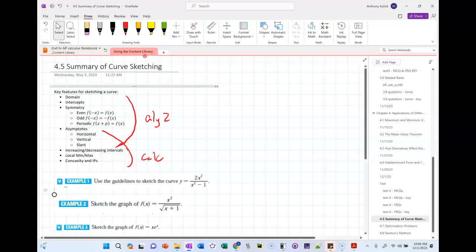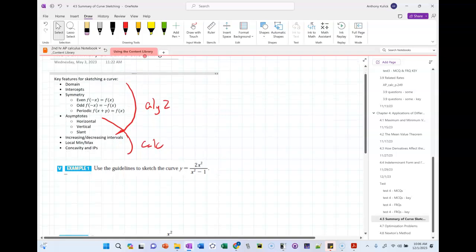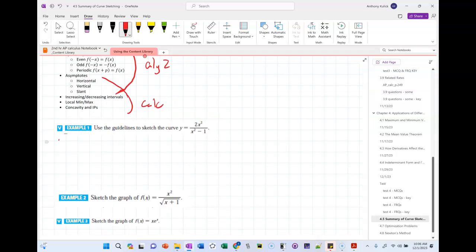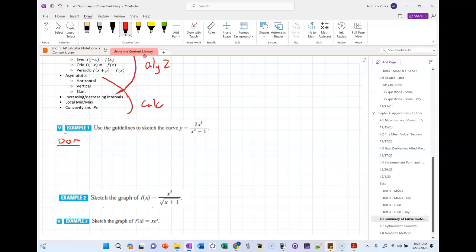But I will probably default to our Algebra 2 rules because they're just a little bit quicker. All right. So let's look at this first function. Let's start with the domain. How do I calculate the domain for this? It's a rational function, right?